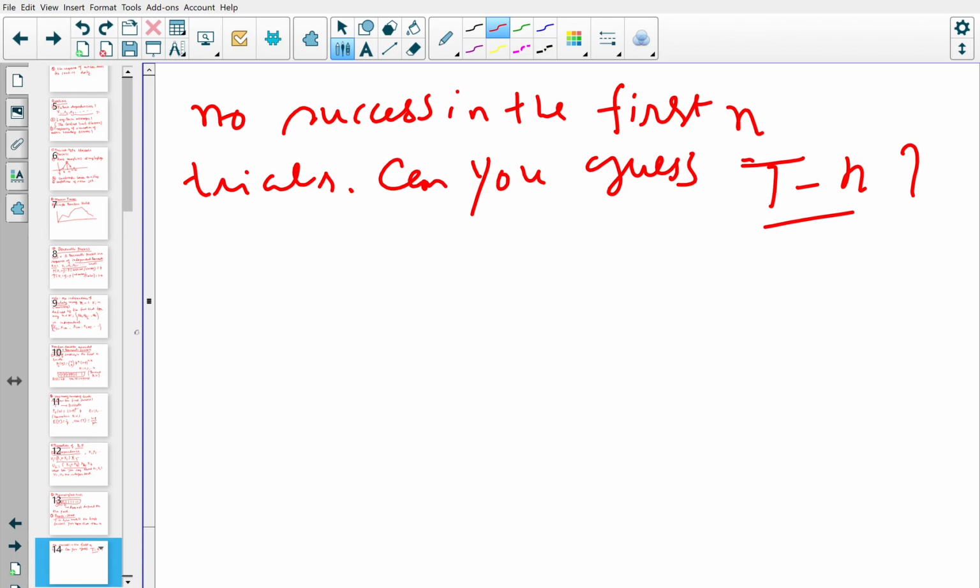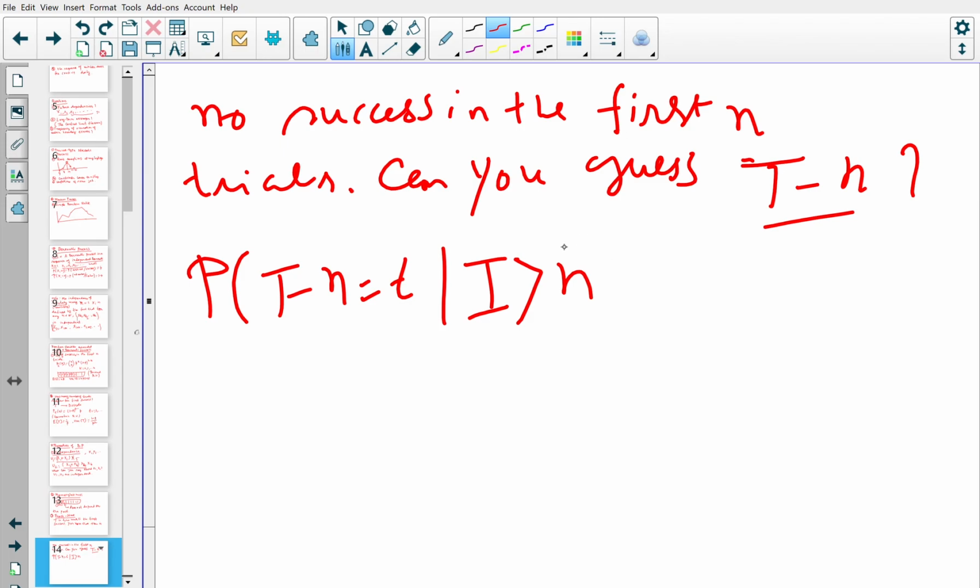This fresh start property tells you about T minus n. Suppose you want to find the probability that T minus n equals t, given that T is greater than n. That means the first success is not inside the n trials, and you have only t trials left.